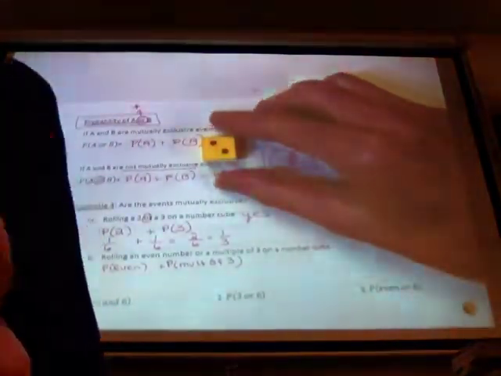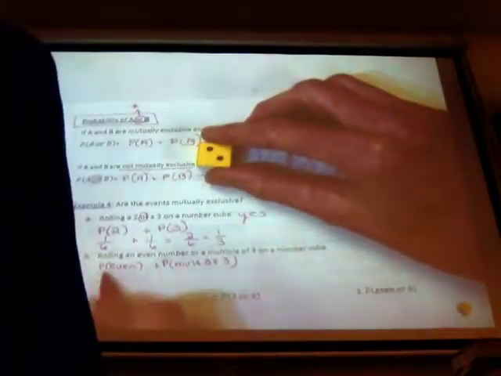Okay, now let's look at this. We're talking about rolling an even number, or the probability of a multiple of 3. So, rolling an even number, what would be my even numbers on this dice? 2, 4, 6.